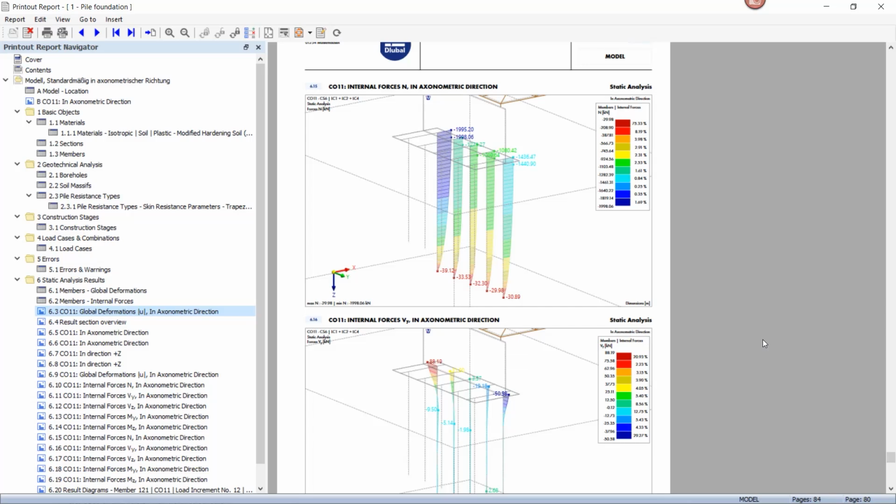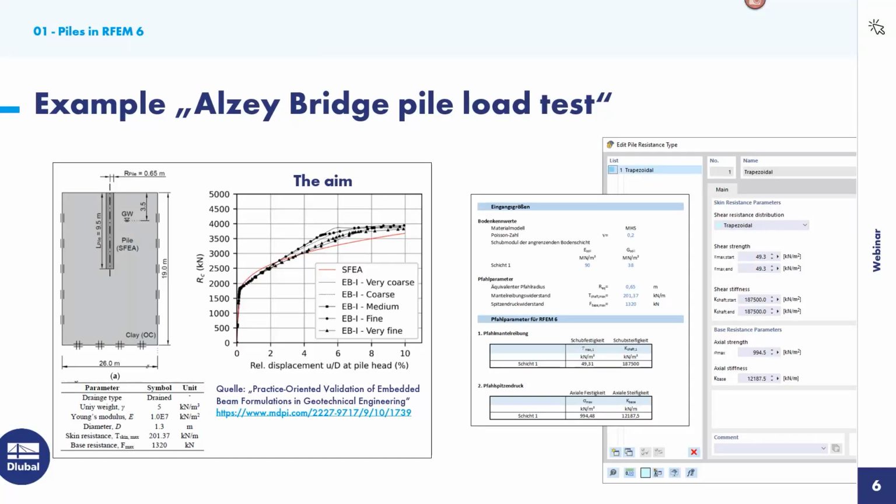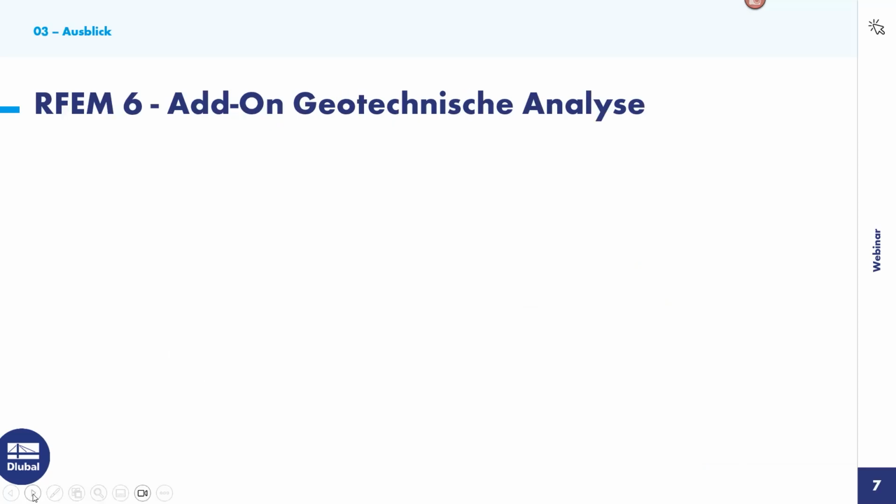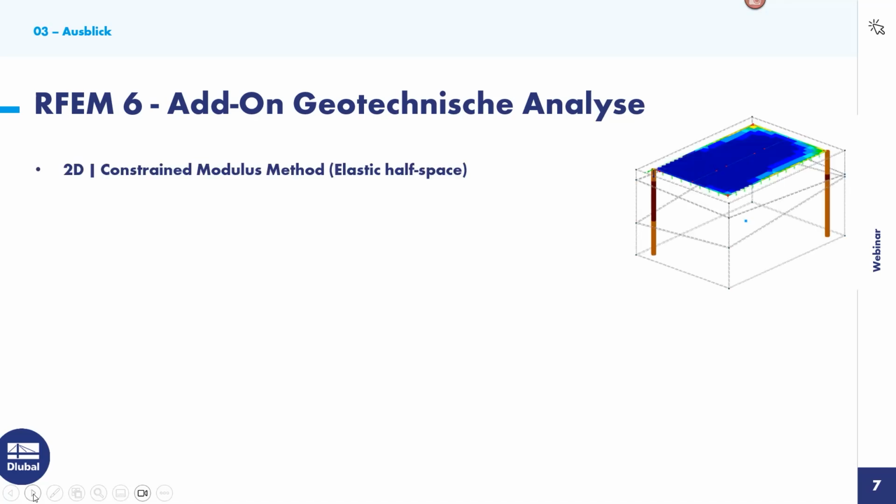I would like to go back to our slides to come to point 3 of this webinar. So now we can come to the next slide. What are the next steps for us? We are now in the last steps of the 2D constraint modulus method or elastic half space method as an option for the consideration of the soil.